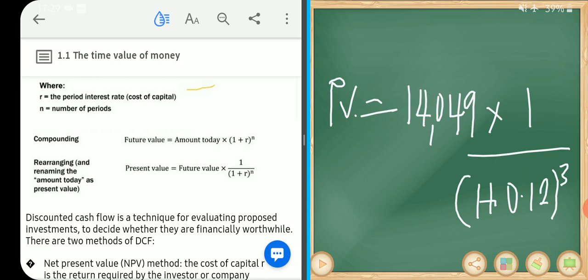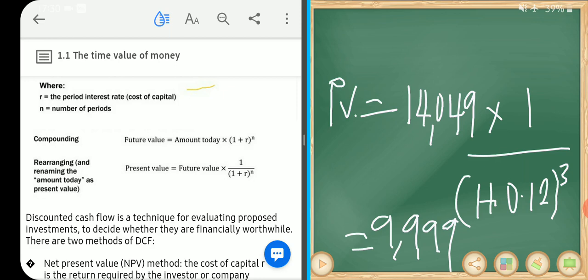We have 1.404. 1 divided by that answer gives us 0.7112, times 14,049. You see, our answer we get 9,999. That means the present value of 14,000 naira in the future is 10,000 naira now.